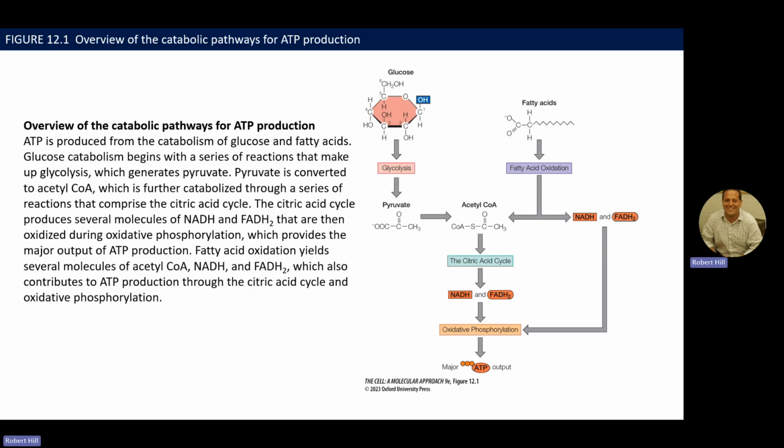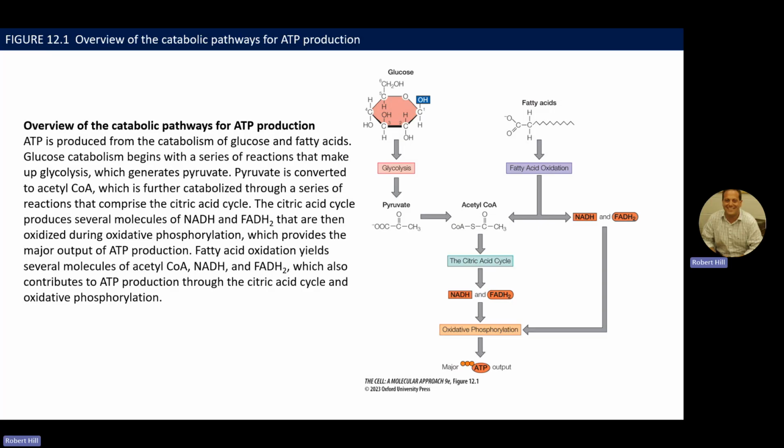When it's in overdrive, fermentation is also in overdrive, and your muscles produce a lot of lactic acid. So lactic acid accumulates in the muscles, and you get sore. Okay? All right, so this is the anaerobic process.